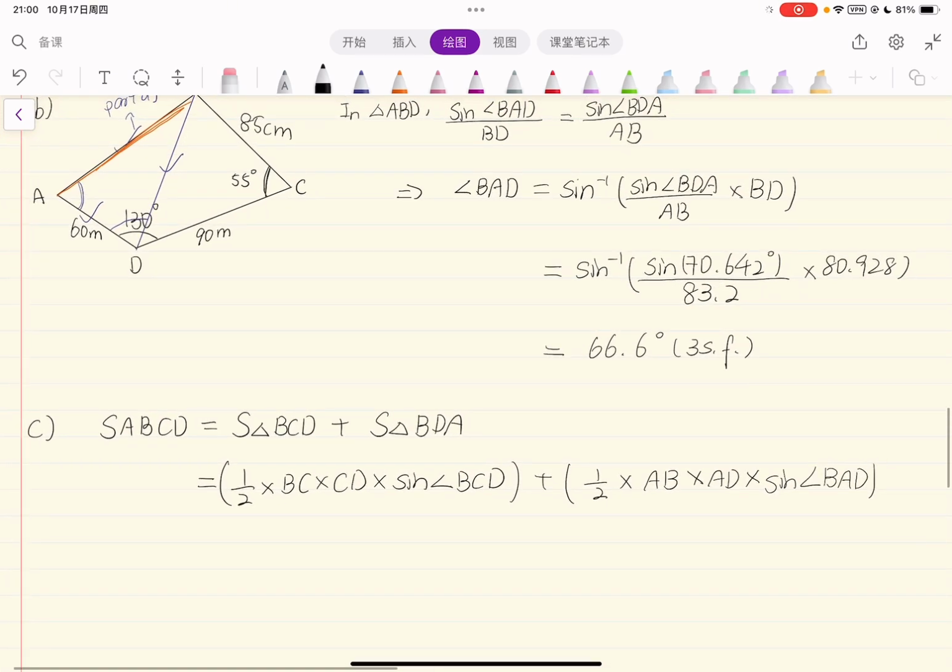And then we can substitute the values into it.